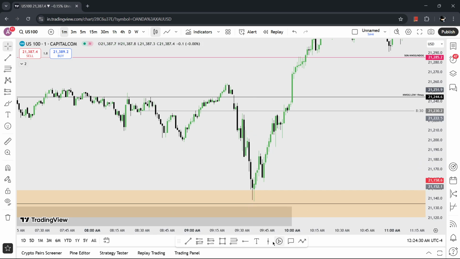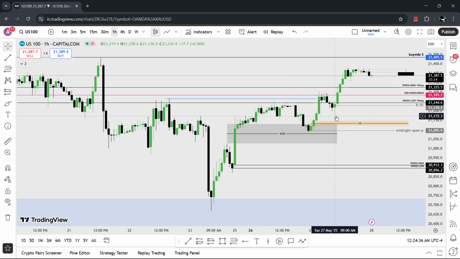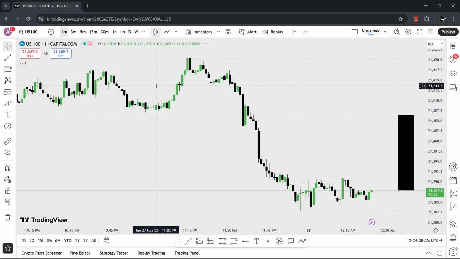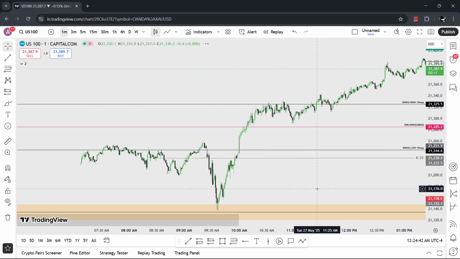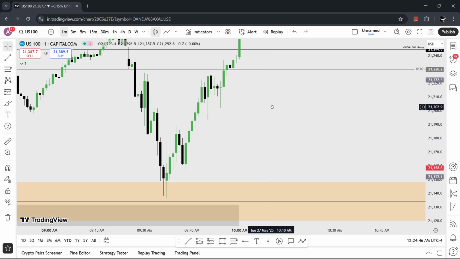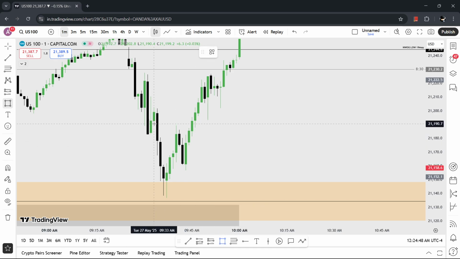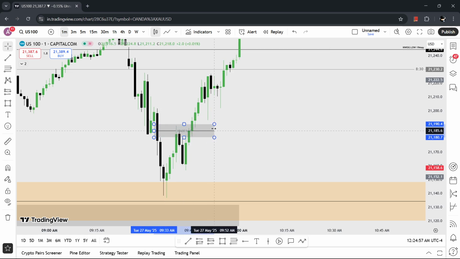Okay. And the market came to this 1 hour fair value gap. And here is our 1 minute fair value gap.